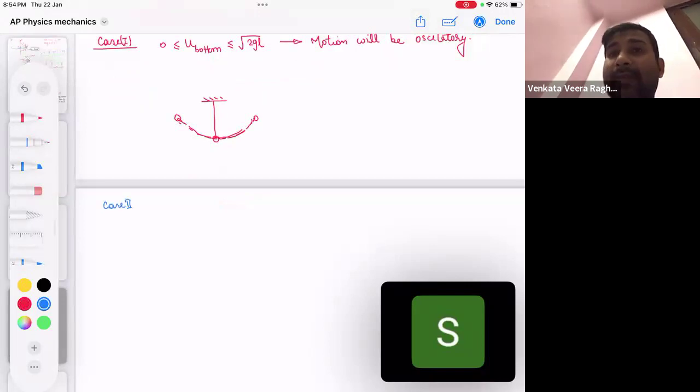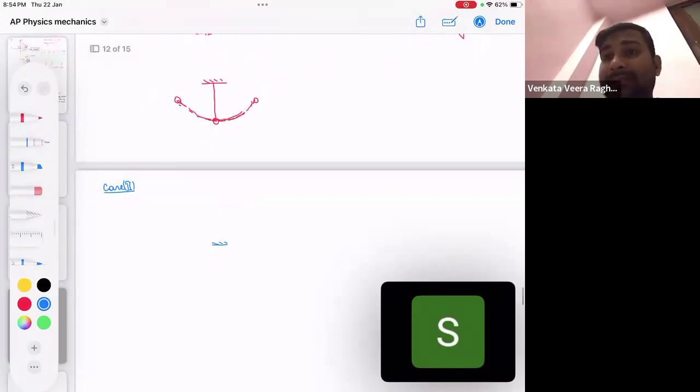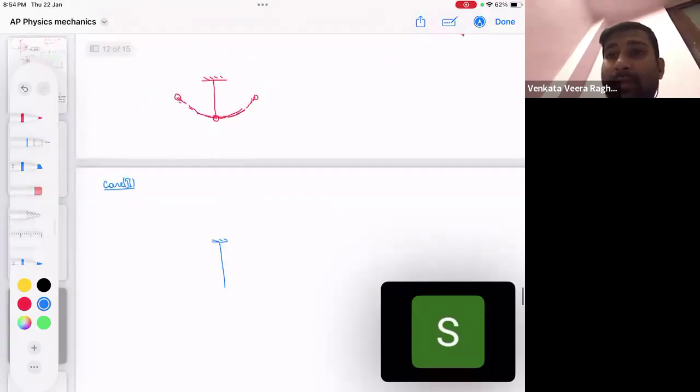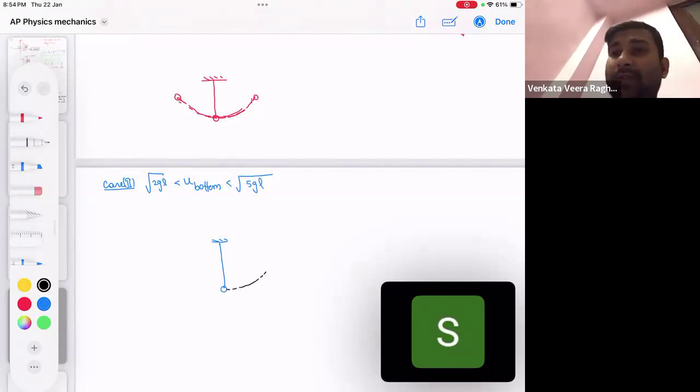Understood? And the second case: we gave the velocity at the bottom more than root 2 GL, but less than root 5 GL. Let's leave the equality on both sides. Now what will happen? In this situation, the particle will cross this horizontal line, and it will reach some point here.